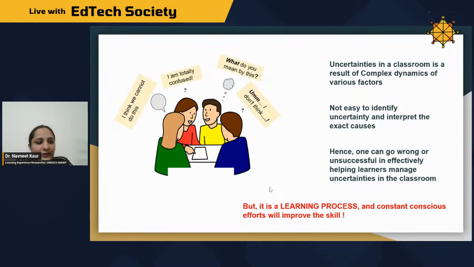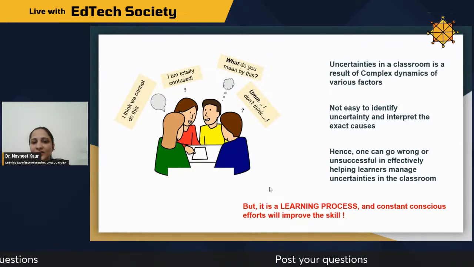Okay, so with that, I will be ending my talk. But before that, I would like to say that we have to be aware that uncertainties in a classroom are a result of complex dynamics of so many factors. There are different individuals who are coming from different backgrounds, cultures.